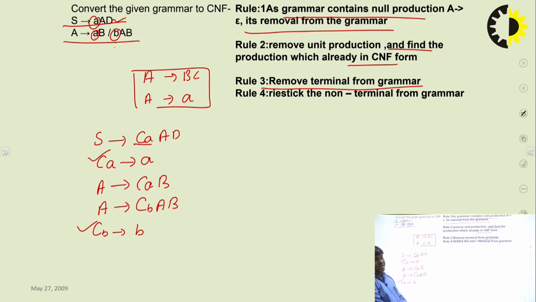And check again how many productions are in CNF form and how many are not in CNF form. Now, when we check, here 1, 2, 3 non-terminals occur. And what is the rule for the CNF form? Only 2 non-terminals are allowed. It means this production is not in CNF form.